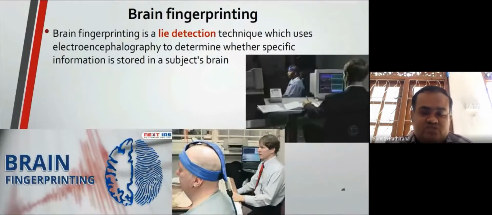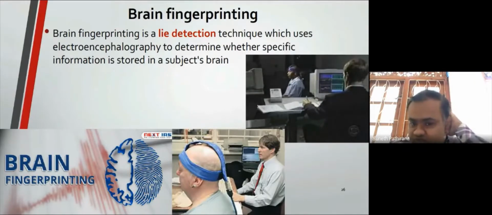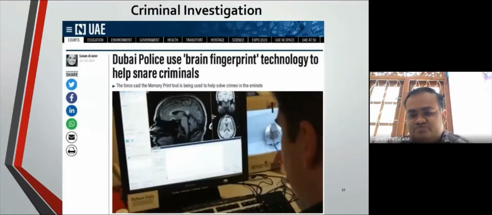Brain fingerprinting. Here you are using the brain as a kind of signature or biometric device. This is regarding lie detection, which will facilitate criminal investigation. You can interview a witness, or someone who is providing evidence, or a suspect, and examine the brainwave variations, the brainwave patterns.